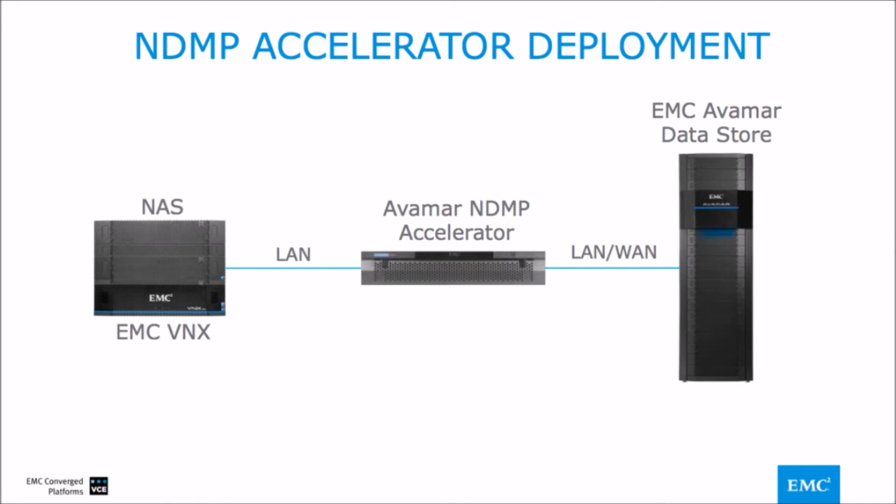The accelerator uses NDMP to interface with and access NDMP-based NAS systems. The data from the NAS system is not stored on the accelerator. The accelerator performs real-time data deduplication and then sends the data directly to the Avamar server.